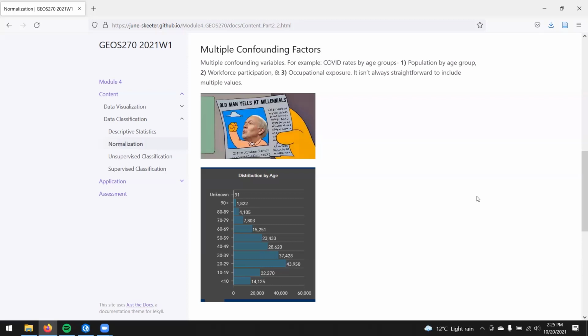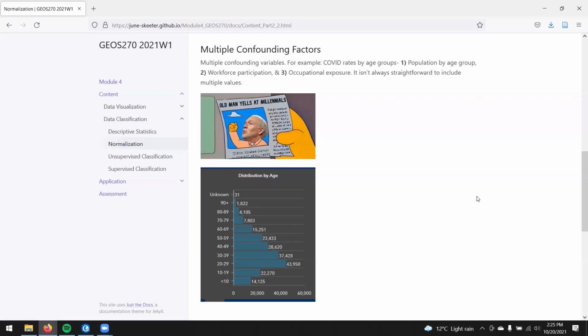So workforce participation rate among these younger age groups relative to these older people who are retired and sit at home and don't have to interact with people, right? And on top of that workforce participation, what's the occupational exposure? A lot of the younger demographic groups are in service sector, customer-facing occupations where they come into contact with people.